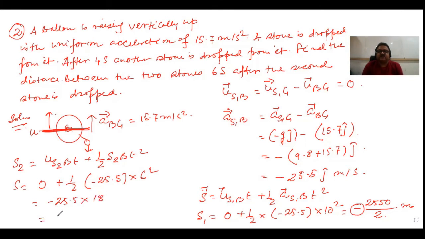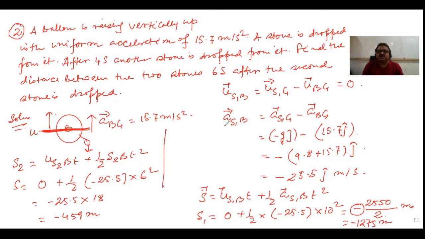So 25.5 into 18 is 459. Minus 459 meter. And the first one is 2550 divided by 2, that is 1275 meter. The negative sign means the direction is downward.